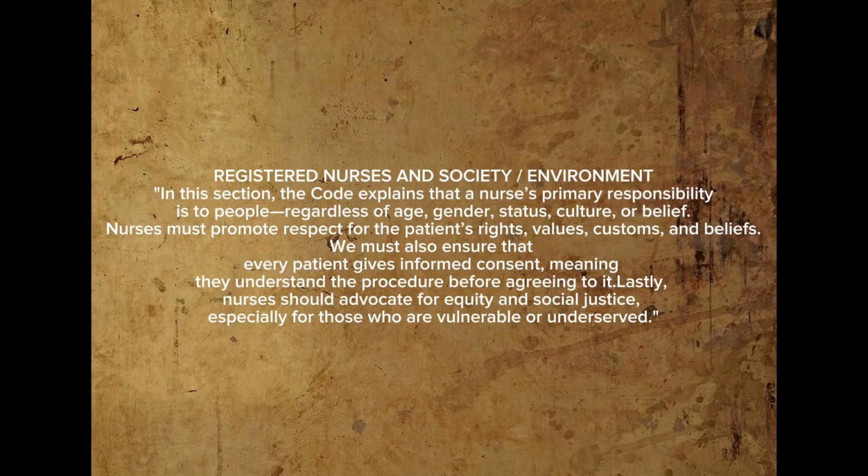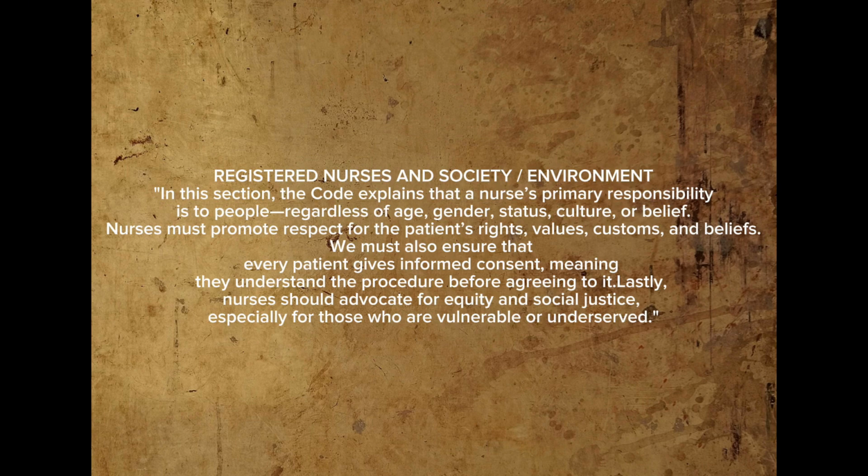Third, registered nurses and society or environment. In this section, the code explains that a nurse's primary responsibility is to people regardless of age, gender, status, culture, or belief. Nurses must promote respect for the patient's rights, values, customs, and beliefs.